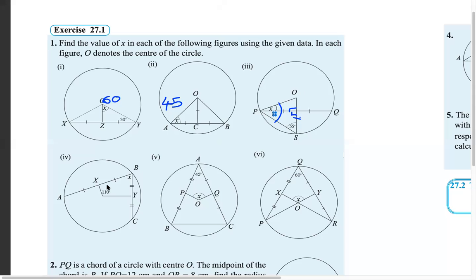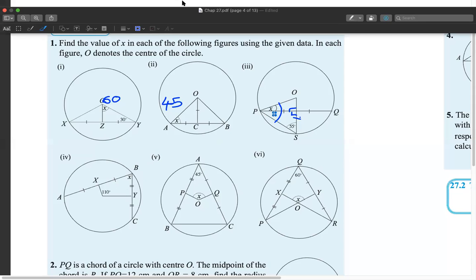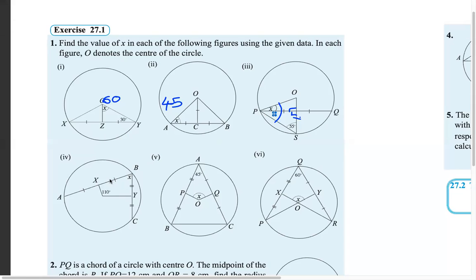Okay, right, guys, back again. So what about the magnitude of x in here?